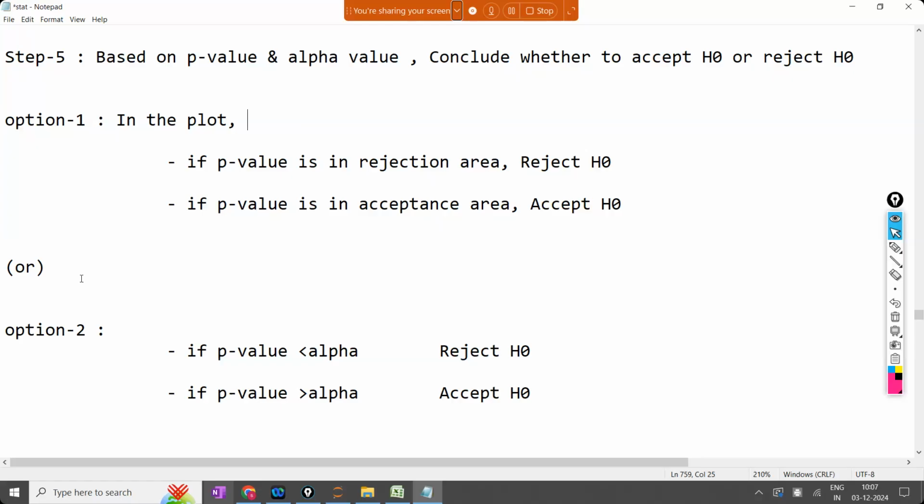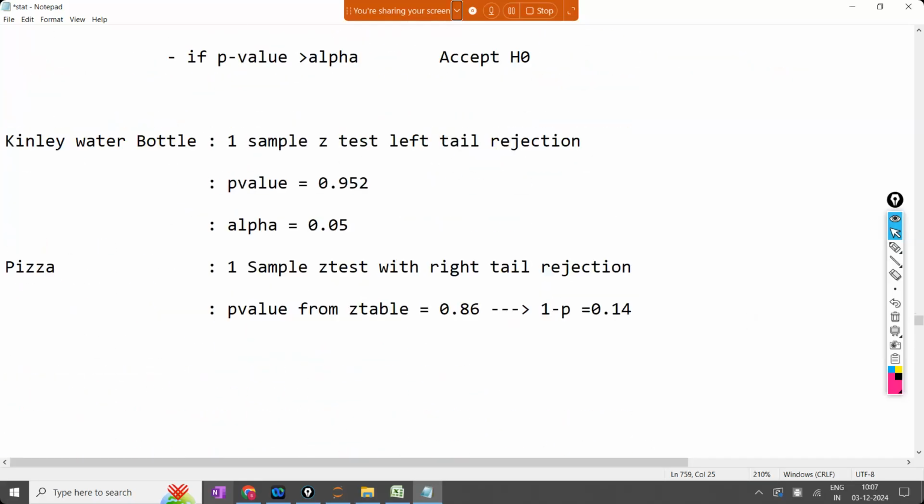Okay, miss, according to your choice. Whenever it is a two-tailed rejection, based on this, what are we going to conclude?